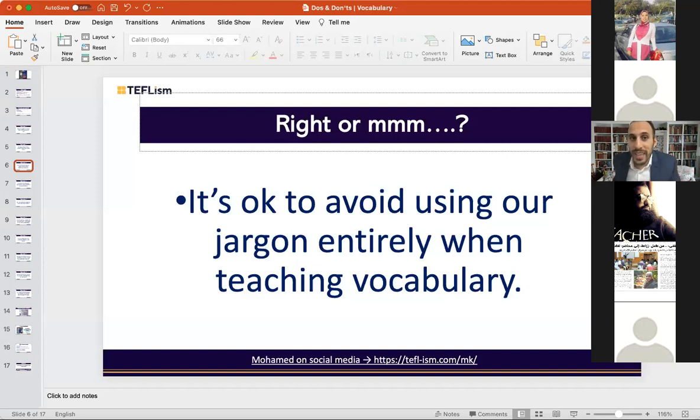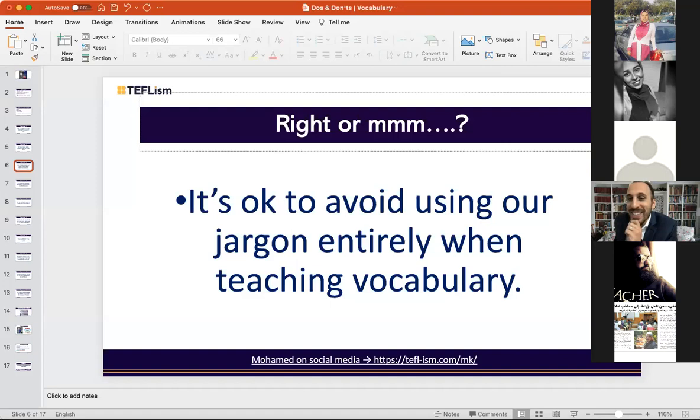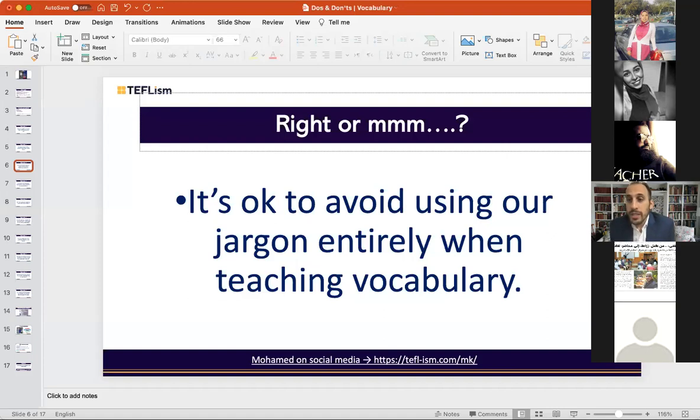Do we start with clarifying the form? Do we start with clarifying the pronunciation? I want you to imagine me asking you to repeat after me: mnemonic, mnemonic, and the plural form is mnemonics.